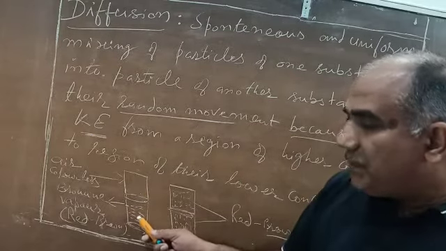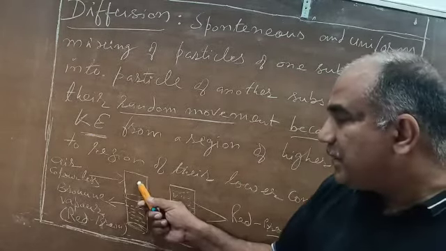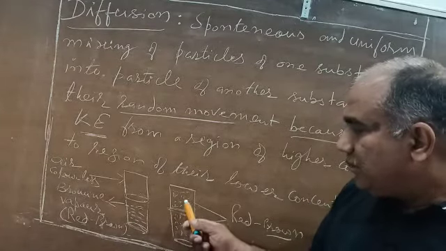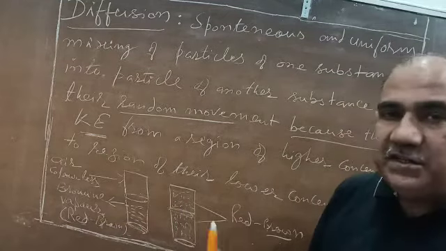So not only have particles of bromine moved, the particles of air have also moved. Throughout these two jars, particles of bromine and air have mixed with each other.